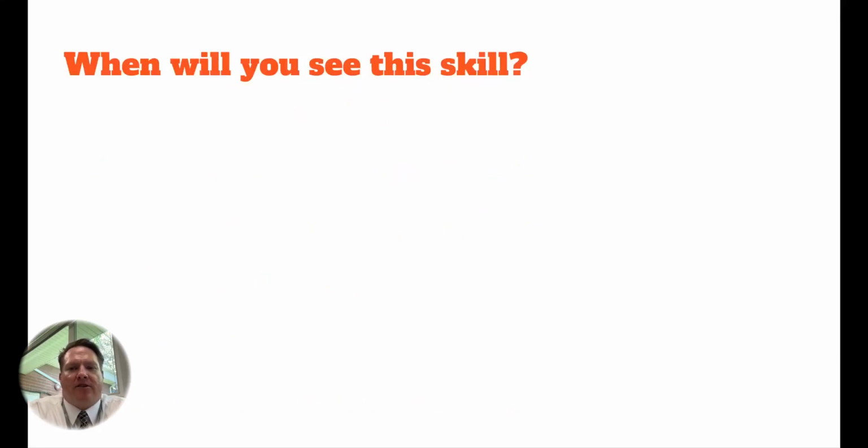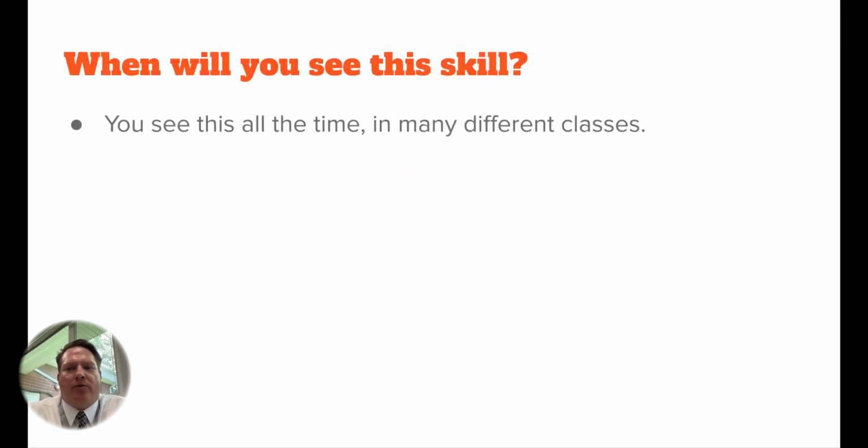The first thing to note is that you see this skill all the time in a lot of your different classes. In English, you may have heard of it referred to as point evidence analysis. In science, you may have heard it as claim evidence reasoning. No matter what class it is, you're doing the same thing. You're creating an argument, finding evidence to support your argument, and explaining how the evidence you've cited does, in fact, support your claim. In this case, though, you may have to make a claim based on information you pull from a source.